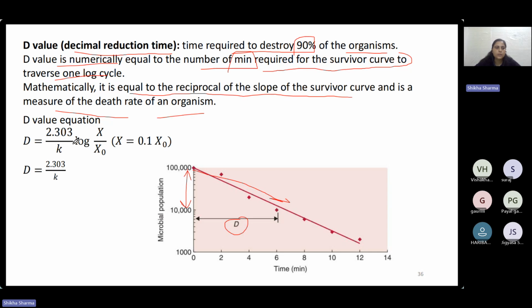So D value equation, if we see, is 2.303 by k log x naught by x. So x naught is the initial microbial count and x will be the count after the treatment.